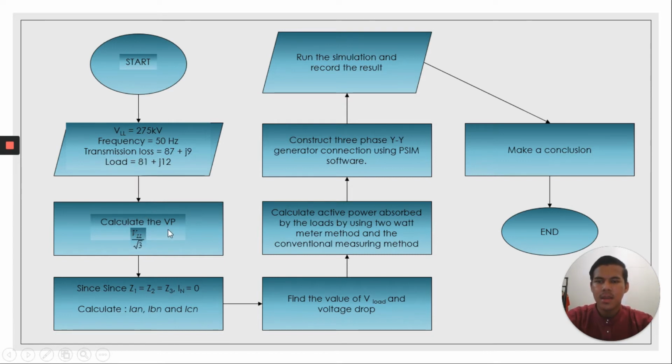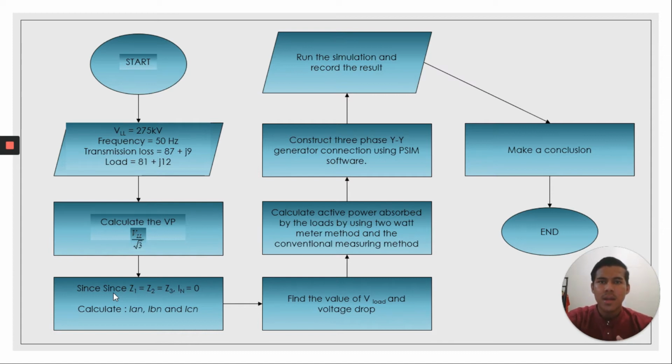By having our parameters set, we can calculate the phase voltage. As you can see here, the formula of phase voltage is V line over square root of 3. And since the load is balanced, Z1, Z2 and Z3 are the same, while the neutral current is 0.